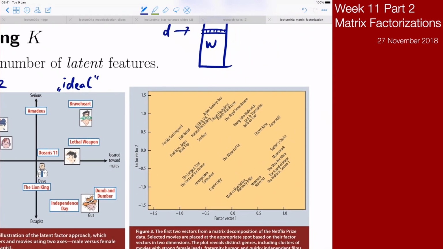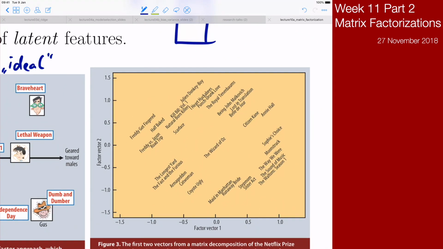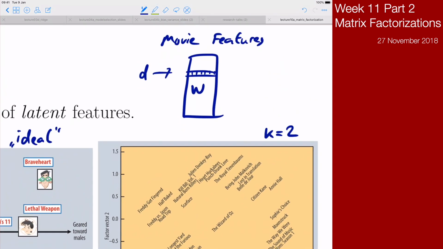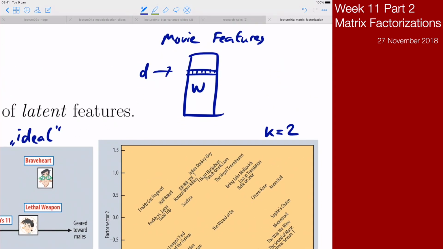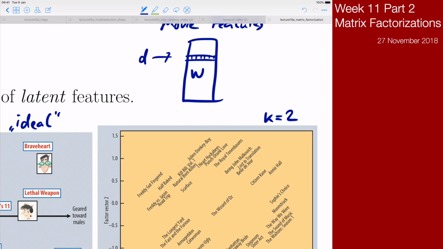Okay, let's look at what really happens in reality. And so this again is for k equal 2. Now we plot all the movies. That means all the rows of my movie matrix, the W matrix. So I have 20,000 movies and 2 columns.